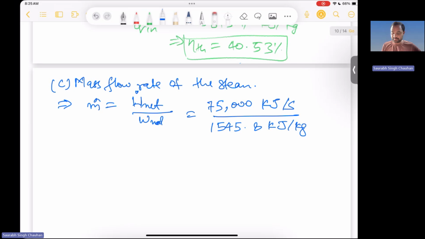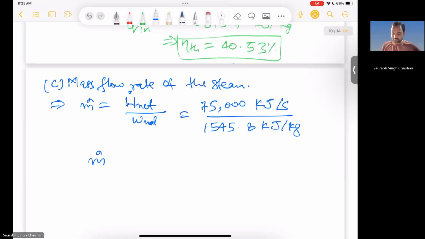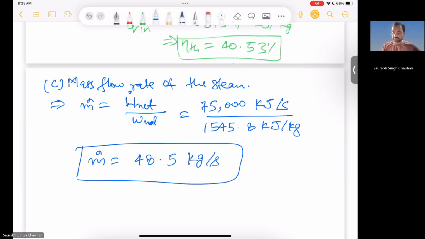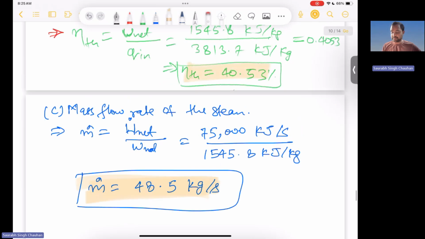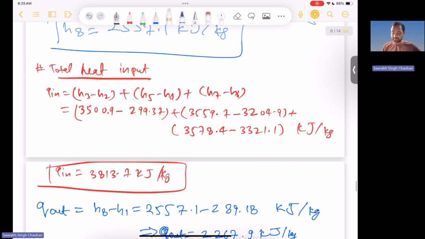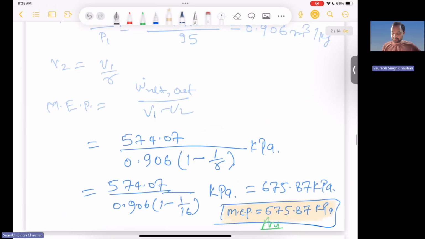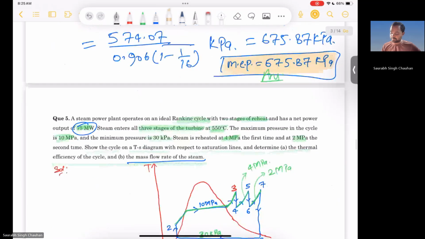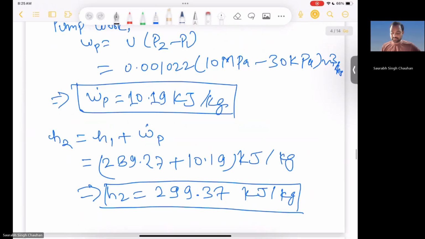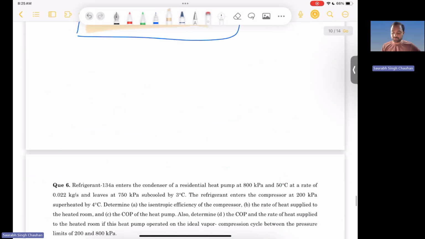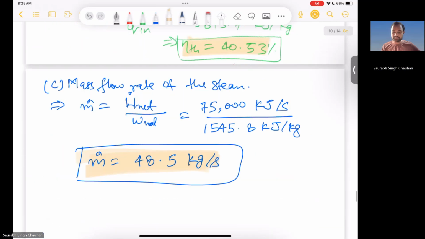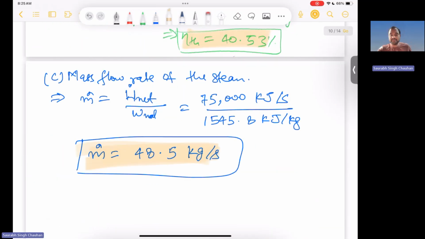So we have mass flow rate of steam comes out to be 48.5 kilojoule per second. Okay, so this is the mass flow rate of the steam. This is the thermal efficiency. So this is what we were supposed to calculate. I hope everything was clear in this question.